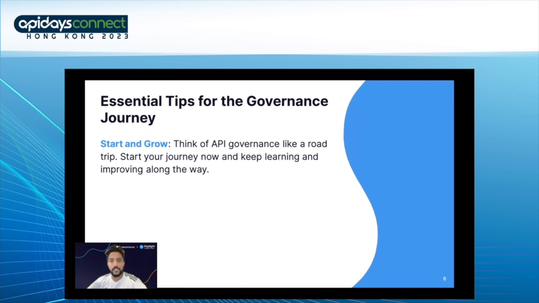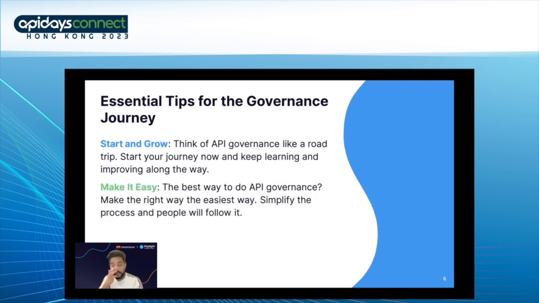Before I get into the steps, just some essential tips that, wherever you are in the journey, you should take into account, which is, don't think of API governance as a one-step process. It's a journey where you start with the smaller steps, things that are easier, things that you can get adoption for, and then you keep learning and improving along the way. So start small and grow as you improve your program.